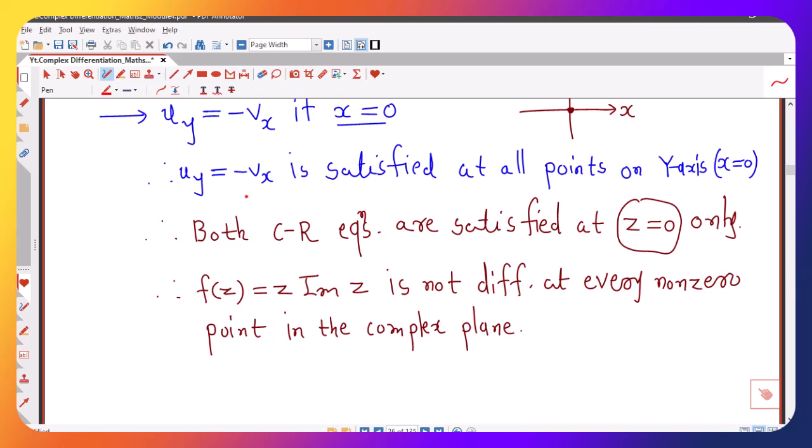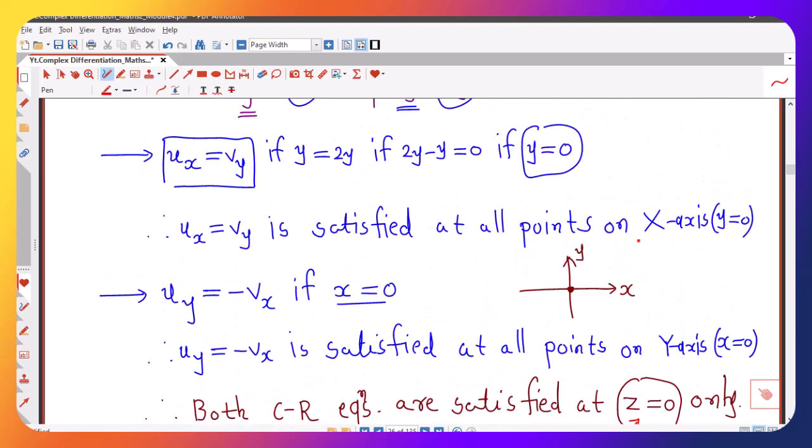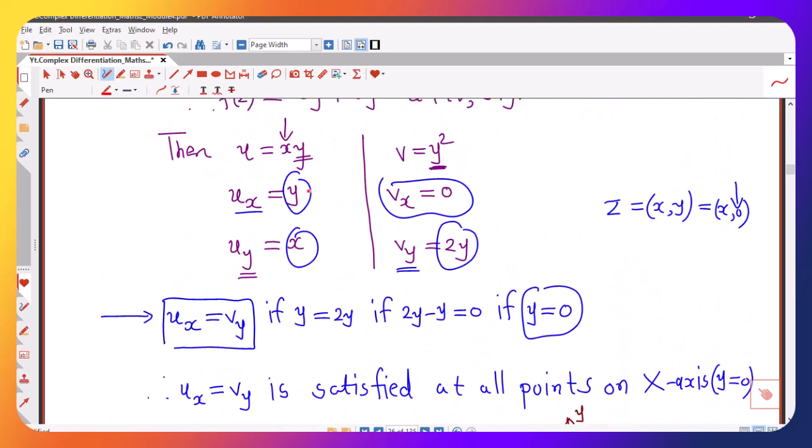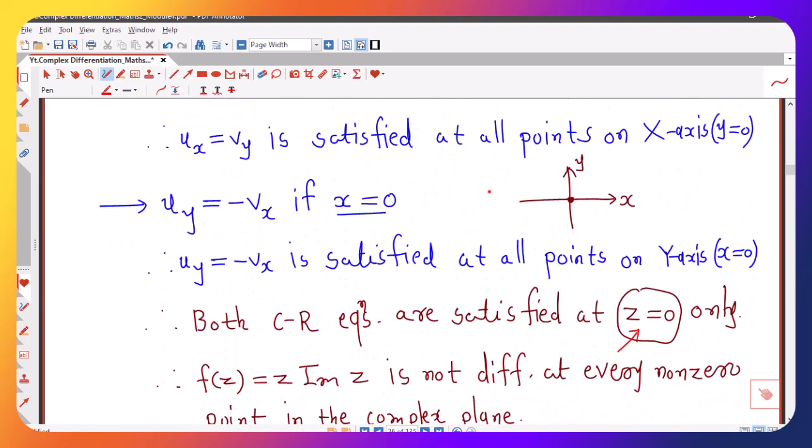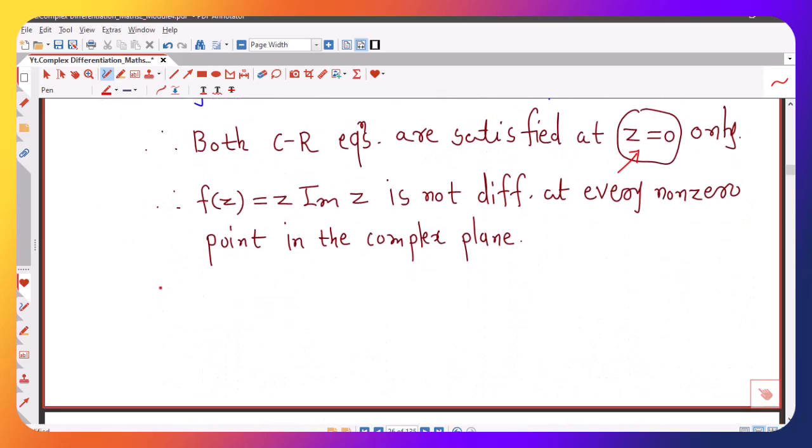We have to check another condition at z equal to 0, which is continuity of first order partial derivatives. So we have to check whether all these derivatives are continuous at z equal to 0, and we can observe that all these derivatives are constants or polynomials, and we know that constants and polynomials are continuous everywhere. Therefore, we can directly write that all these are continuous at z equal to 0.